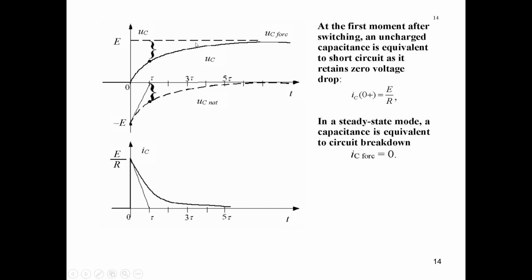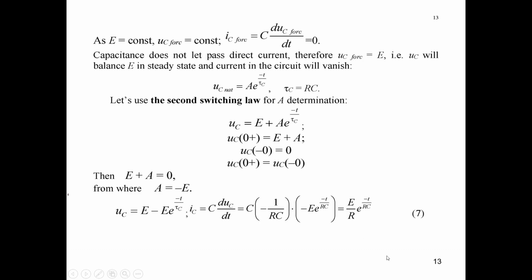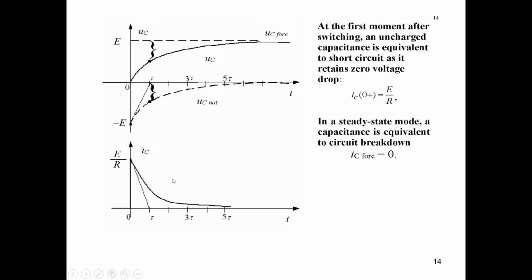You see here we have UC forced, which is constant EMF, and here UC natural equal to minus E multiplied by the exponential function of minus t over tau C. At the first moment it was minus E, then it changed in accordance with the exponential function.